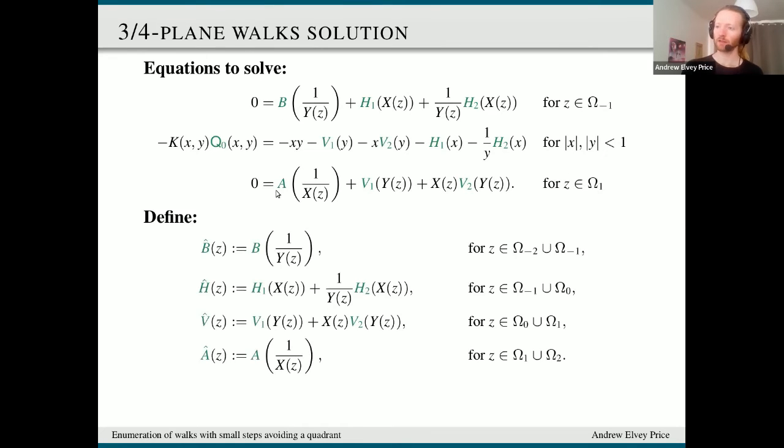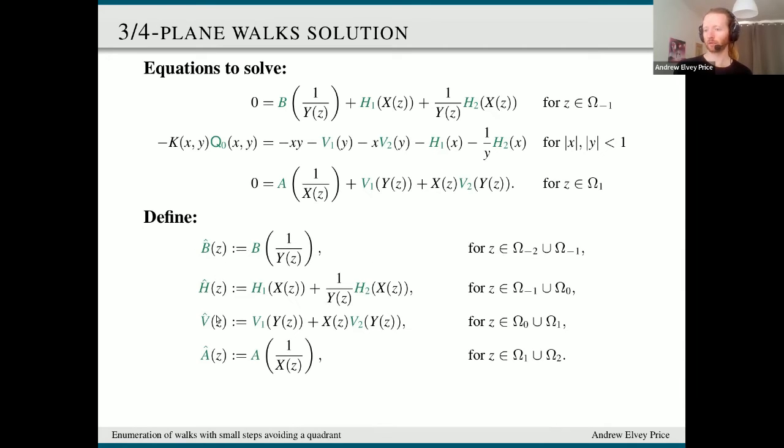Okay, so now it's convenient to think of these as functions directly of z. That is, we define this function of z as the thing that appears here, and similarly H hat, V hat, and A hat of z. And again, these are going to be defined in specific pairs of these regions, because now for this to converge, we only need y of z to be greater than 1, and it doesn't matter what x of z is.